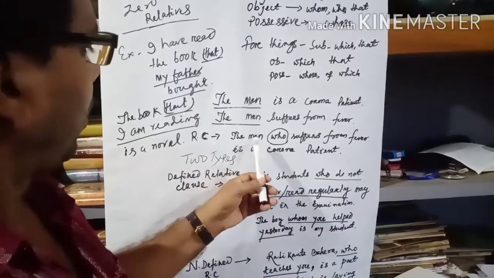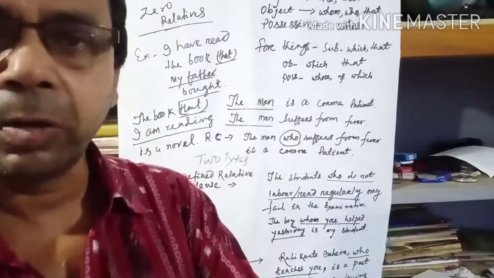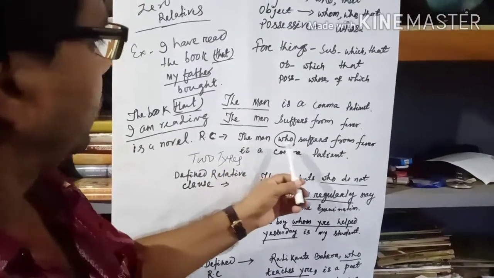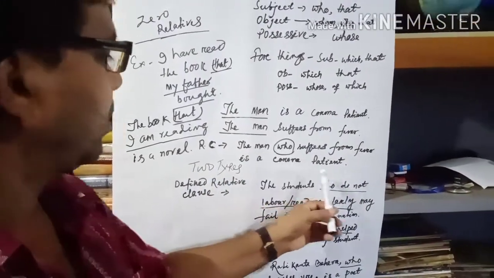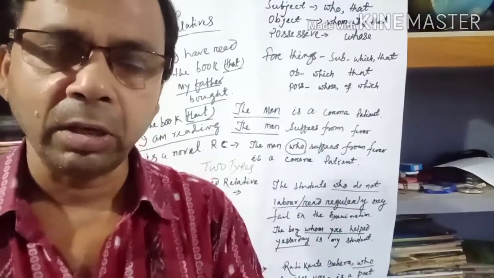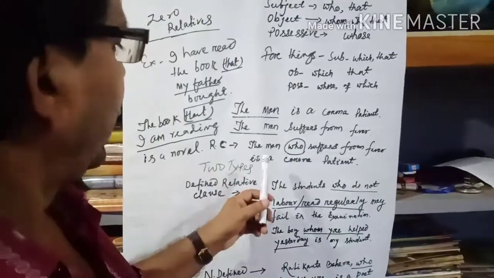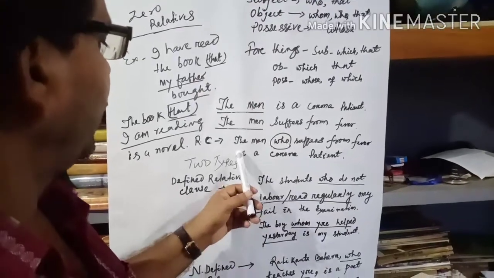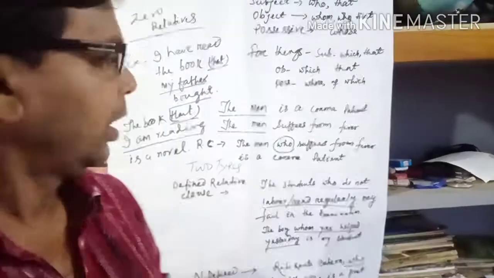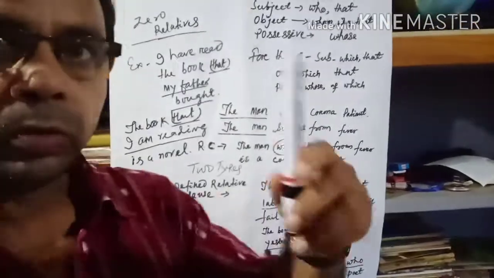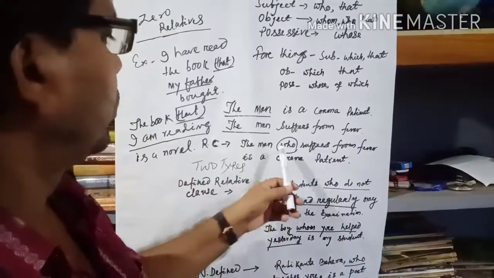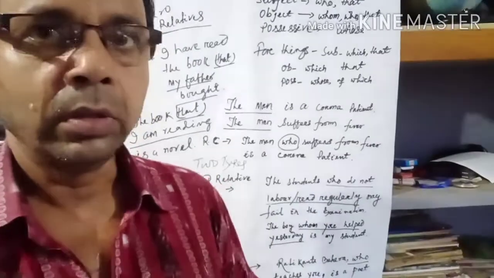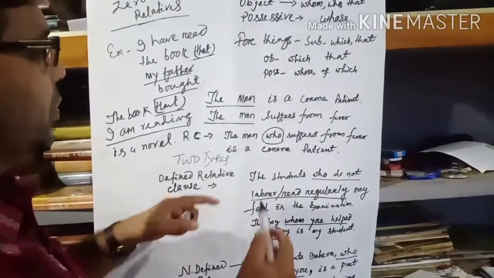The man who suffers from fever is a corona patient. It is a complex sentence, and the principal clause is, the man is a corona patient, and the subordinate clause is who suffers from fever, which is the relative clause here.